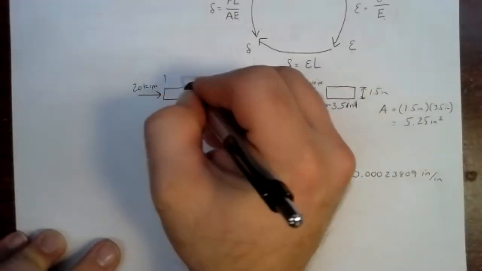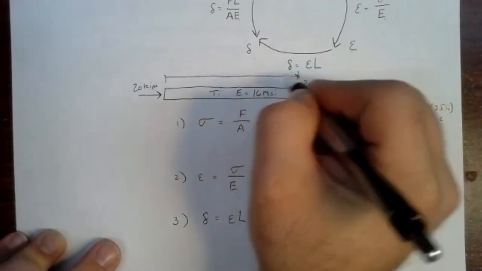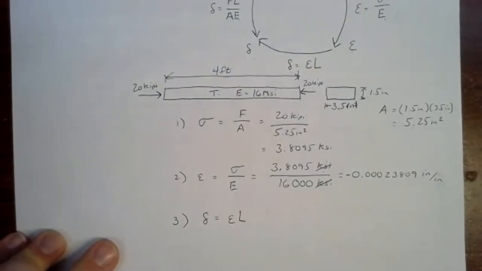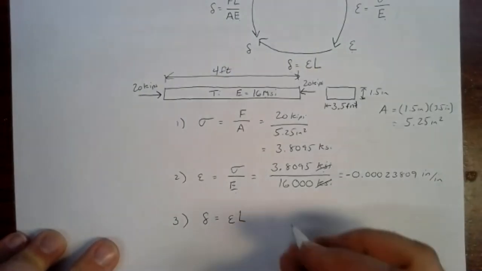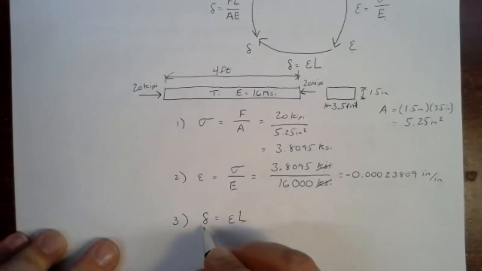So let's say this thing is relatively small, 4 feet long. We're okay plugging feet in here. We don't have to plug inches in. Whatever units you plug in for your length will be the same as the units for the elongation.